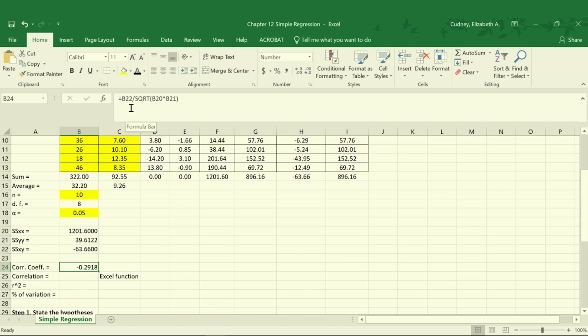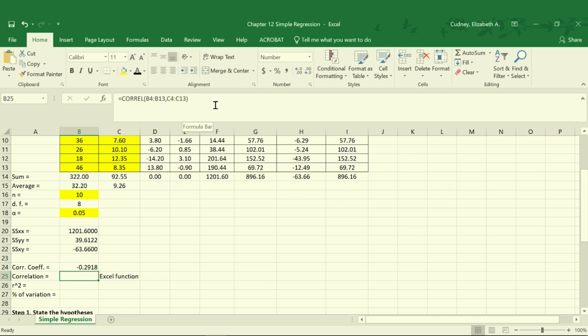So it takes B22, which is the sum of squares of xy, divided by the square root of B20, which is sum of squares xx, multiplied by B21, which is the sum of squares of yy. So we have our correlation coefficient.